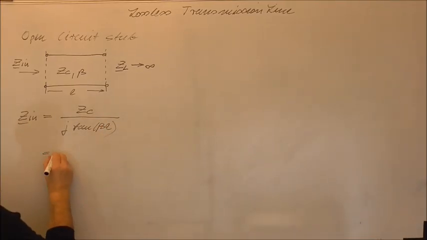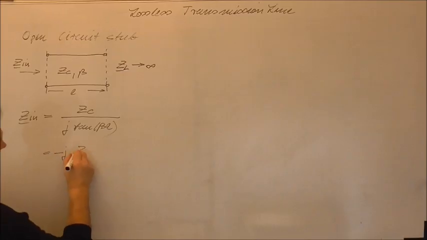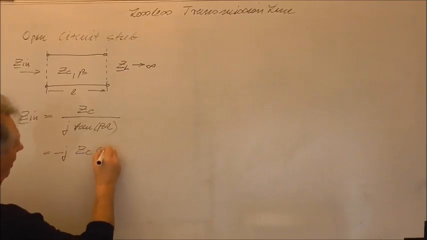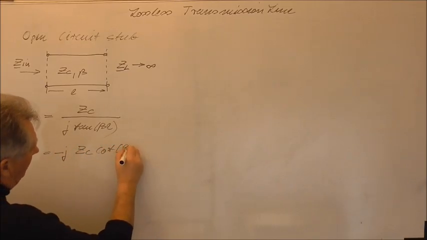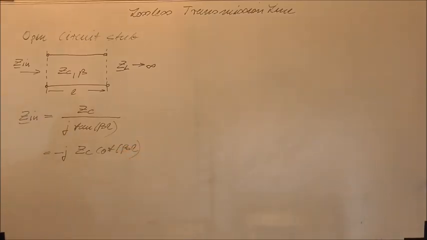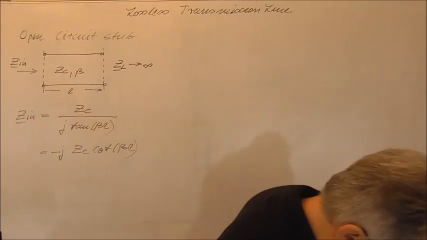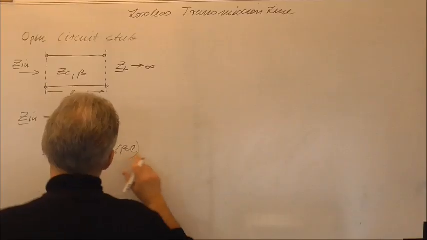This is minus j Z_C cotangent beta times L, where we have also for beta L the same relations as before.